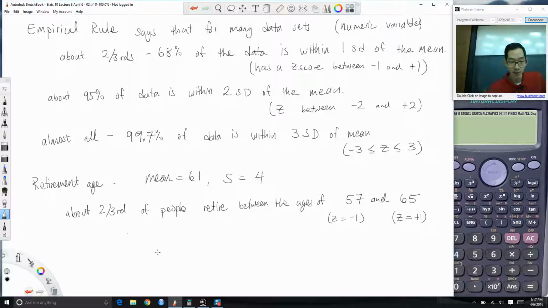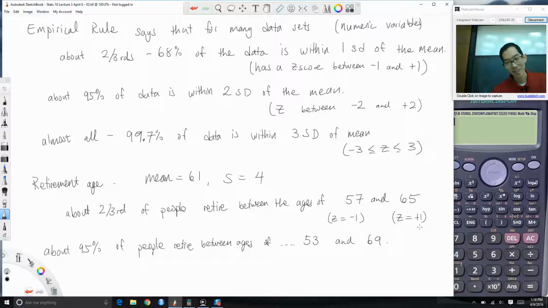All right, and then if I want to say about 95% of people retire between the ages of what and what? And we would say what? 53 and 69, okay?